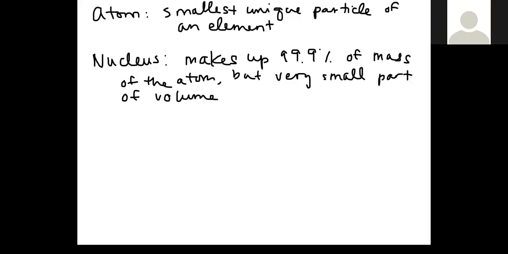And what is an atom made up of? Here I want the particle names. Protons and neutrons. And now what's in the orbitals? Electrons.